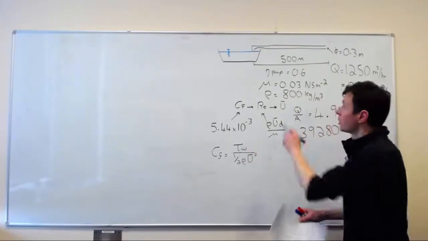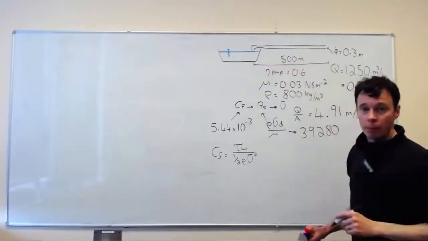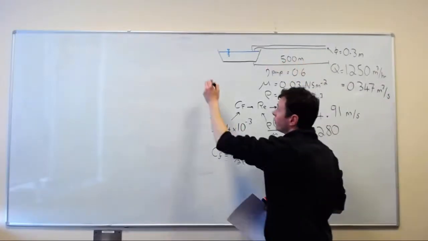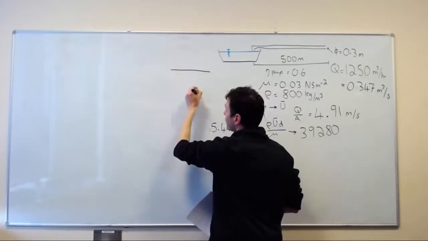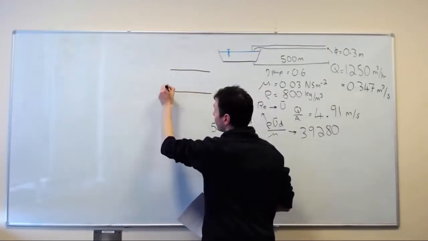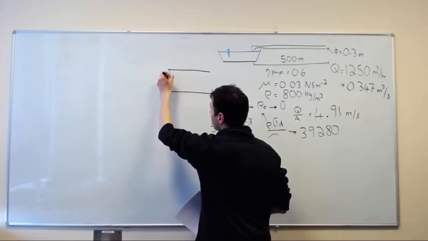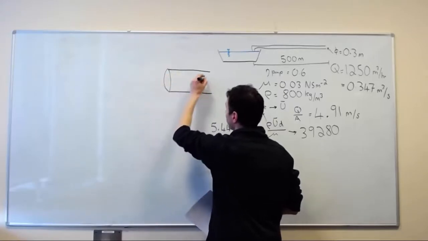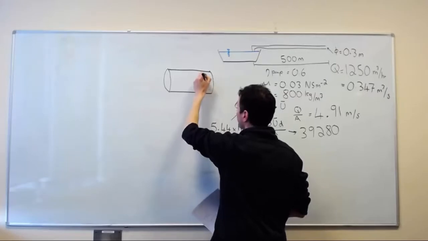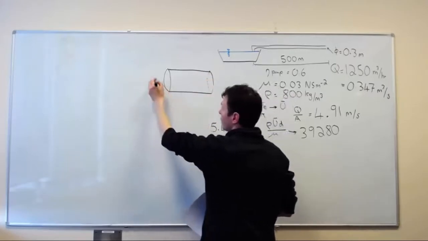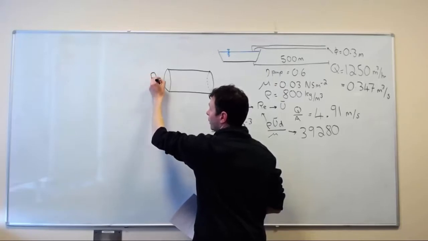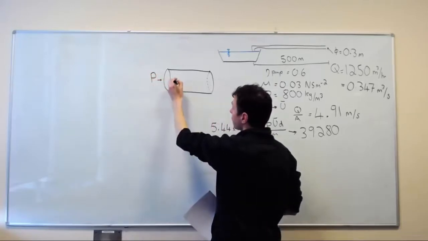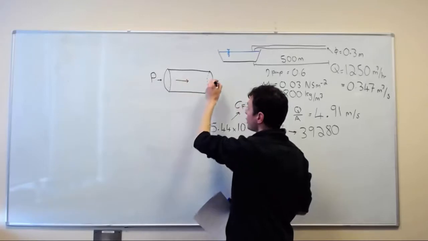Now what we're going to do is draw this pipe as a control volume. So we have our pressure here, and our fluid flow is going from left to right.